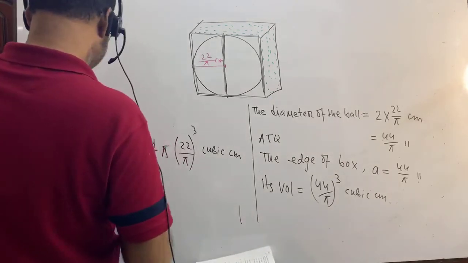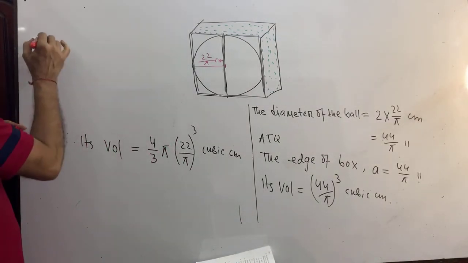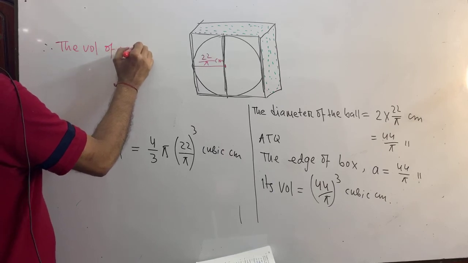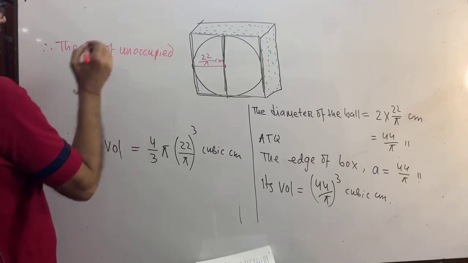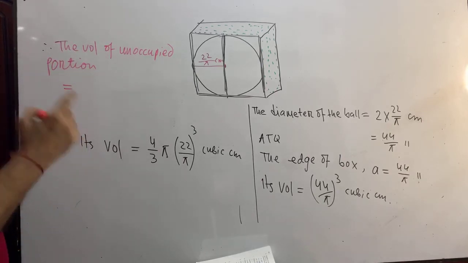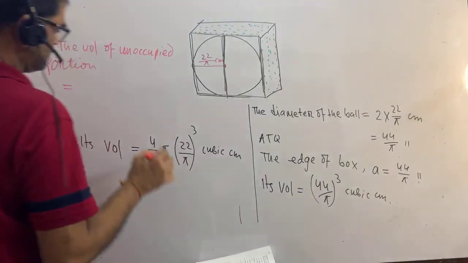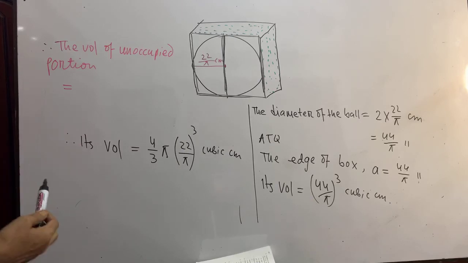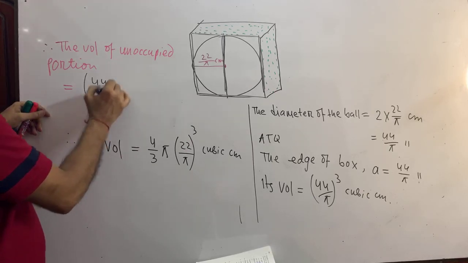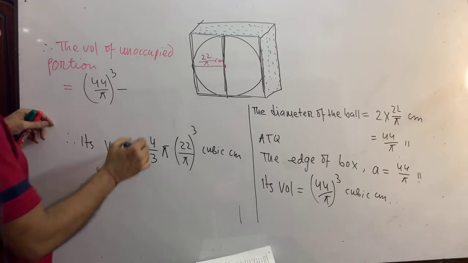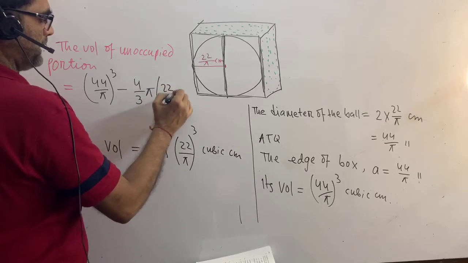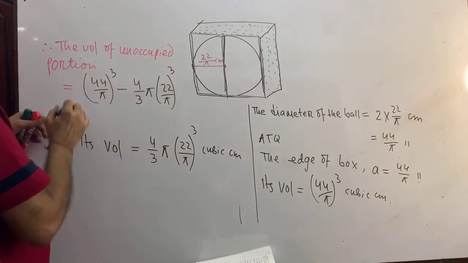Write down, therefore the volume of unoccupied portion is equal to volume of the box, (44 by pi) whole cube, minus volume of the ball, 4 by 3 pi (22 by pi) whole cube, cubic centimeter.